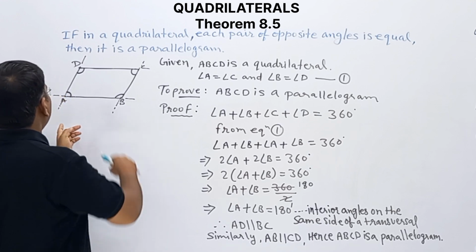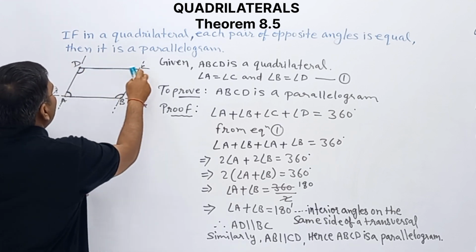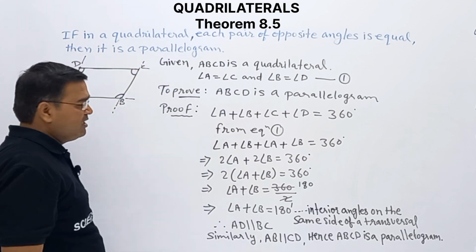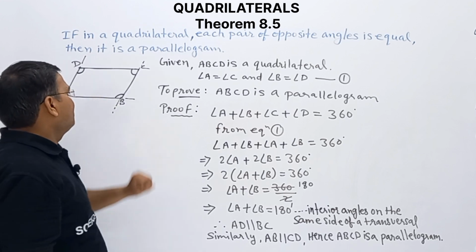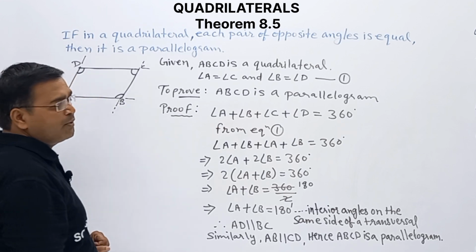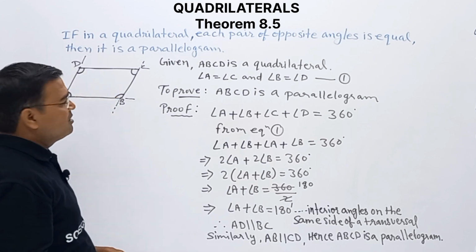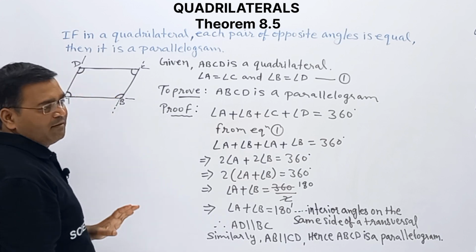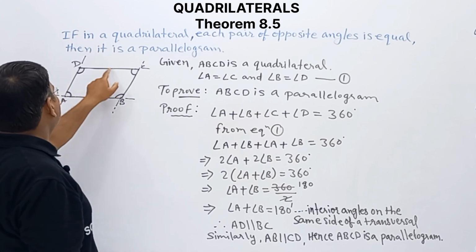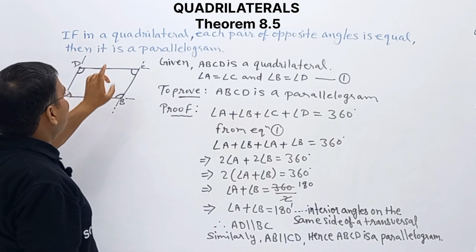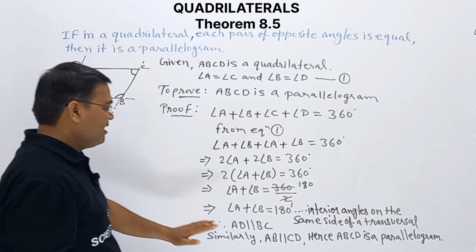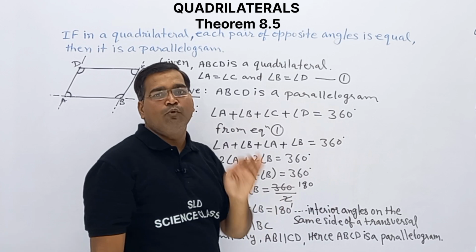Similarly, we can prove AB is parallel to CD. Once opposite sides are parallel, then we can say that the quadrilateral is a parallelogram. This thing we wanted to prove, we proved.